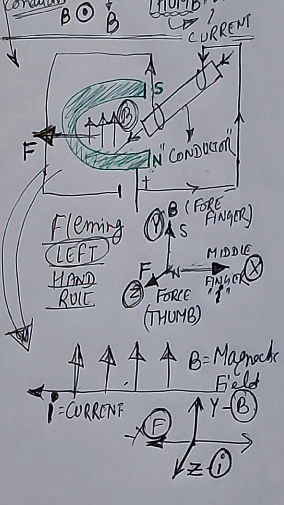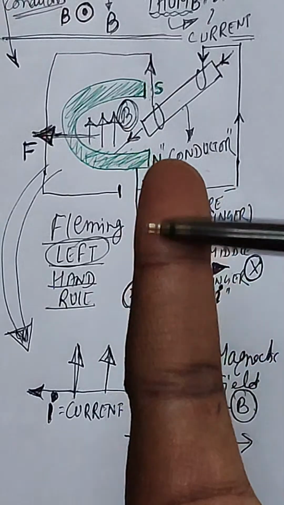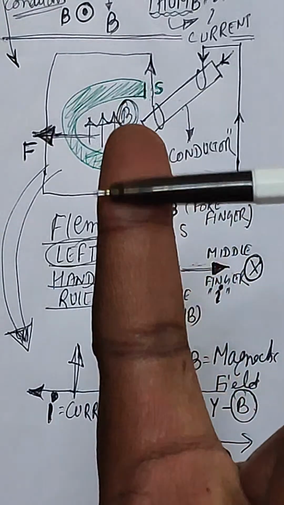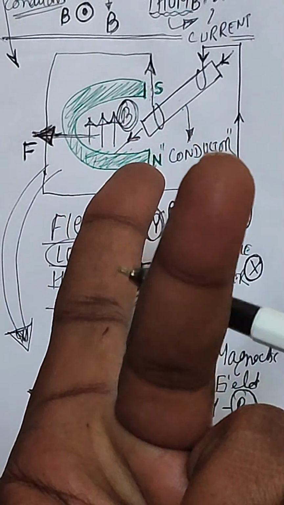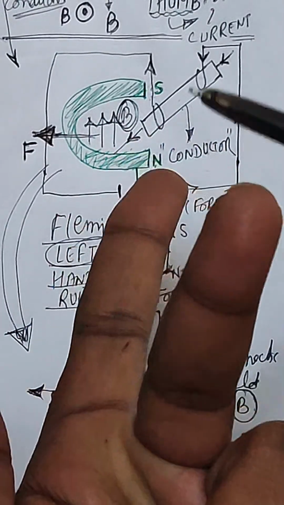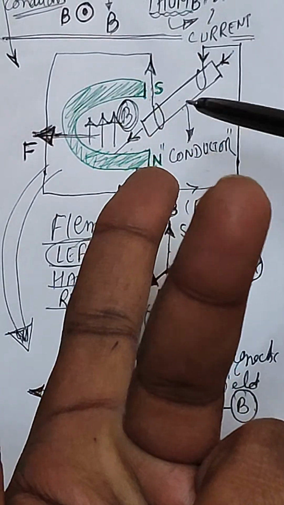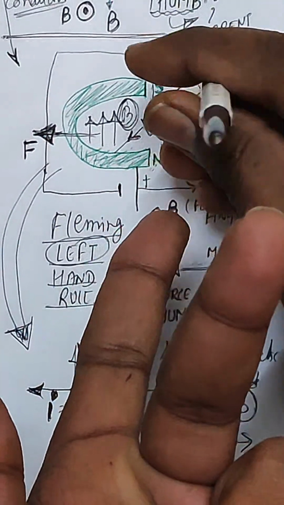You can just set your forefinger in the direction of the magnetic field which we put. The current is coming out of the plane of the paper, so the middle finger will be coming out. You can see in this conductor the current is coming out like this.